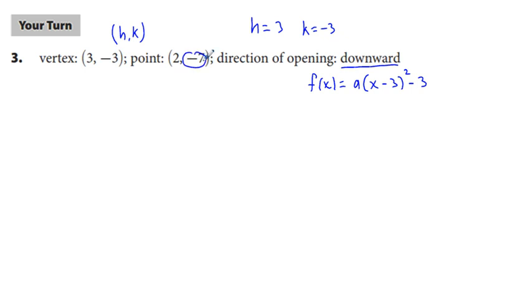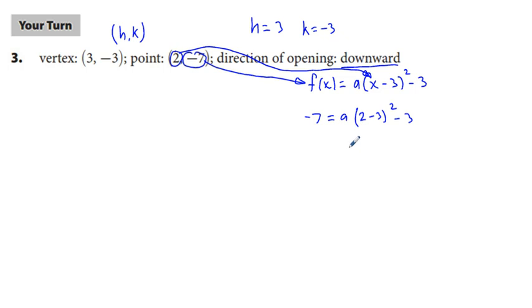So here's our negative 7 in for f of x, and here's our 2 in for x. So we get negative 7 equals a times x, and x is 2, minus 3 squared minus 3.